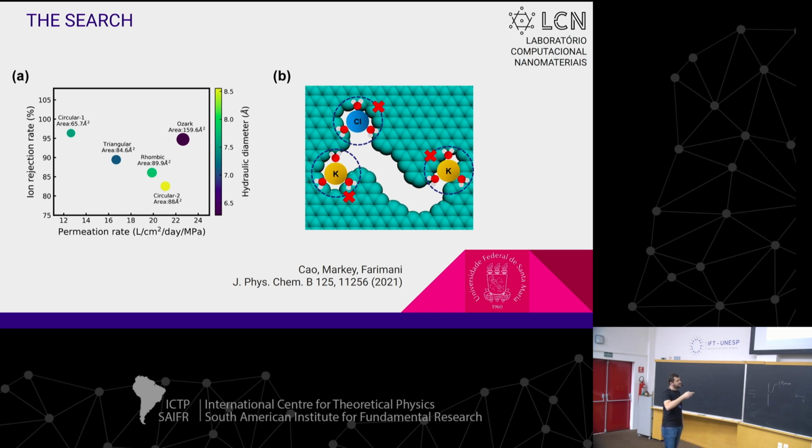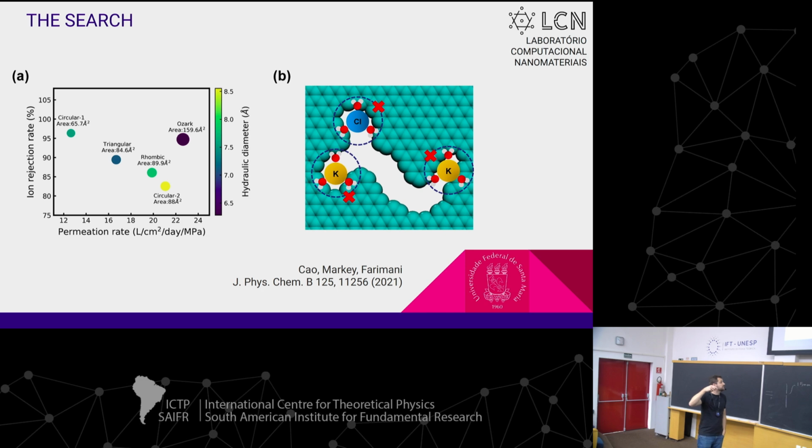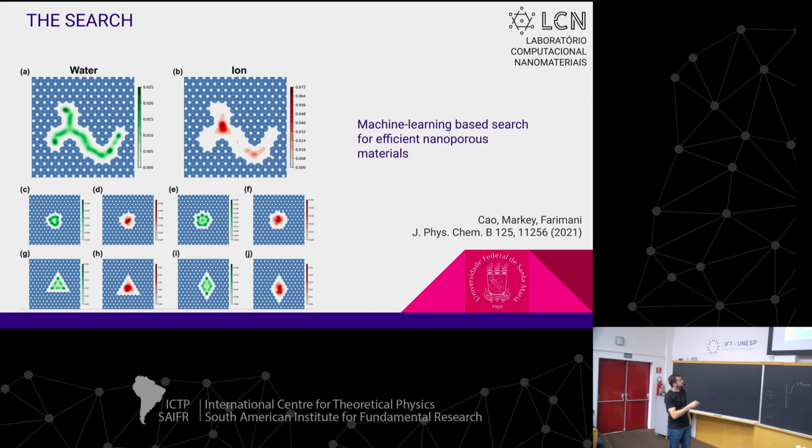They found that the shape is not circular, not squared, not rectangular, nothing like that. It's a very strange shape, and this is related to the fact that you can transport more water in these pores and fewer ions.